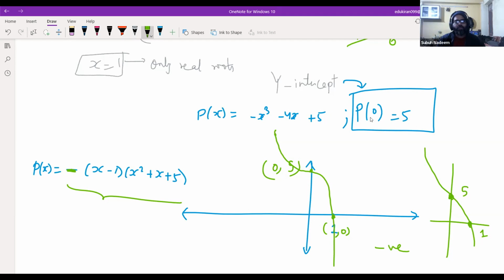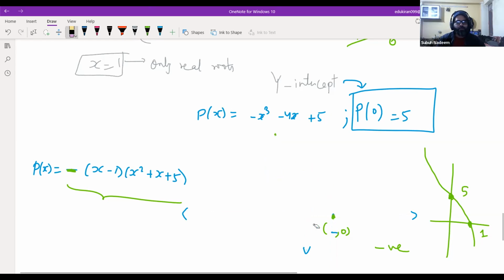Is it so? Yes, sir. This right one is better. So it is negative on the rightmost portion, and then it will become positive.